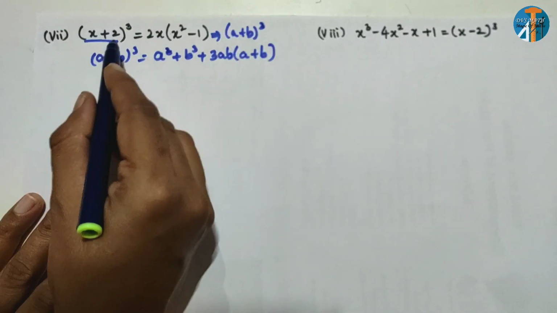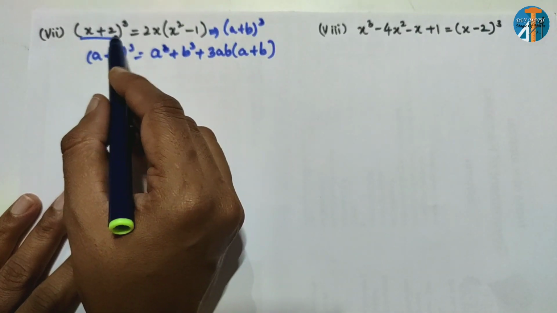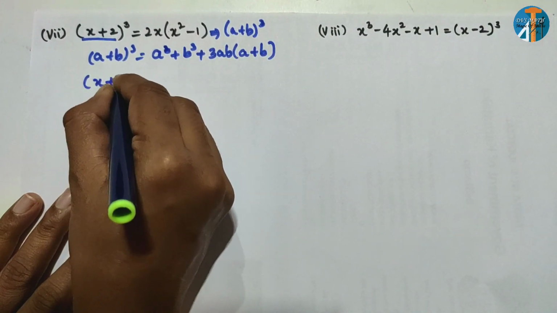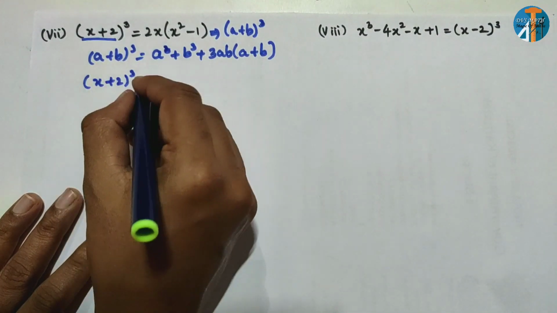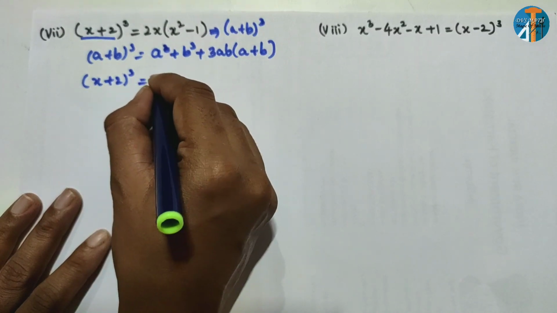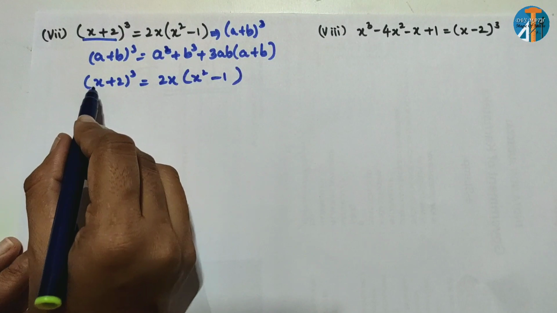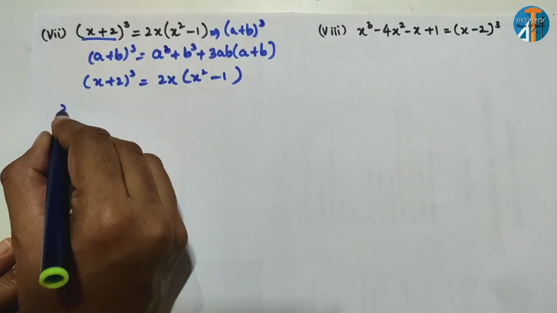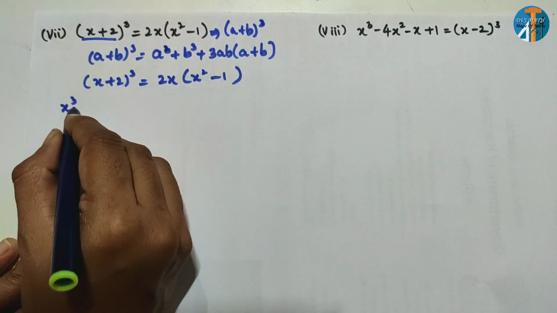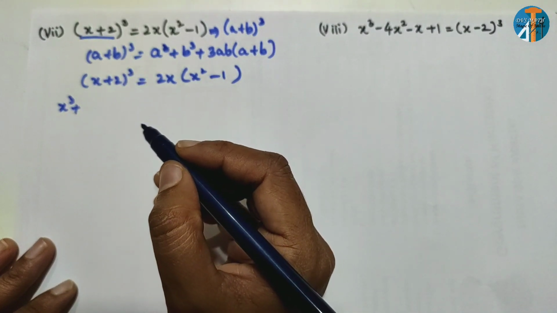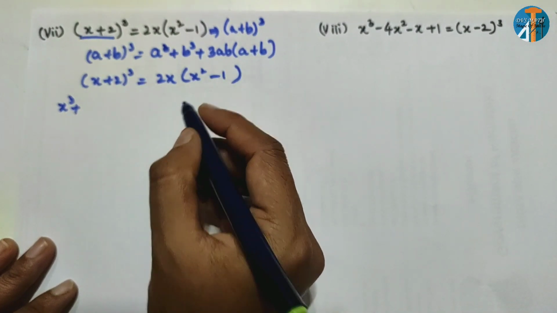So now let us expand the same way. First one is x plus 2 whole cube, equal to 2x into x square minus 1. Now writing it as a cube, it is x cube plus b cube, that is 2 cube. 2 cube means you multiply 2 three times: 2 2s are 4, 4 2s are 8.